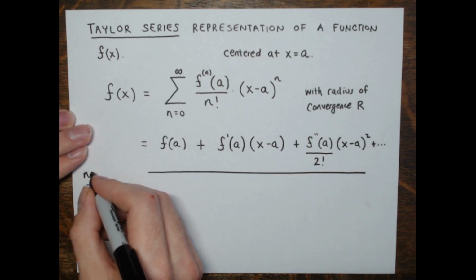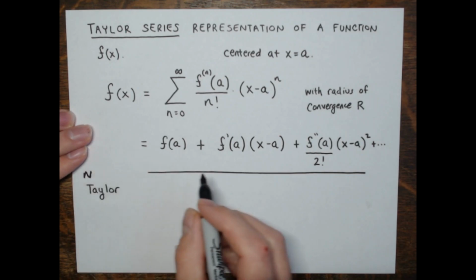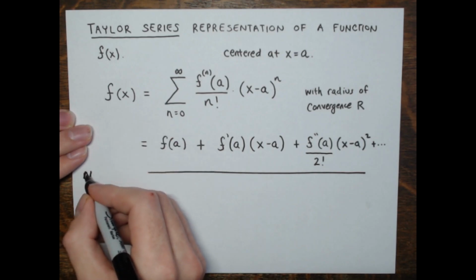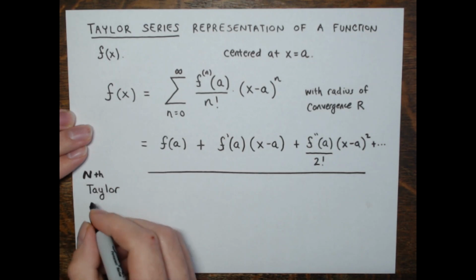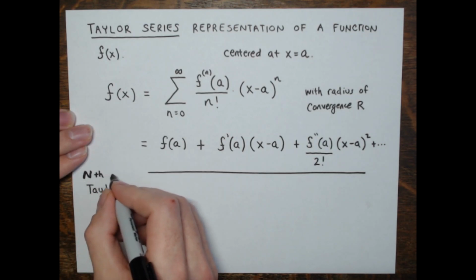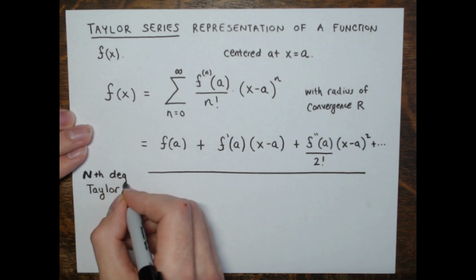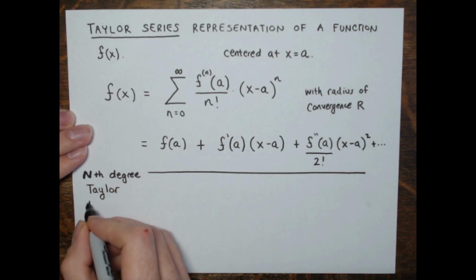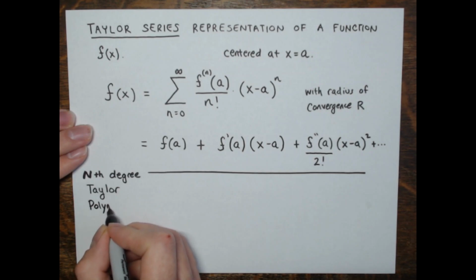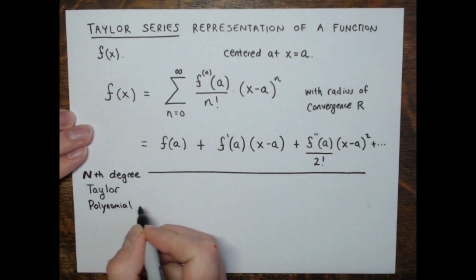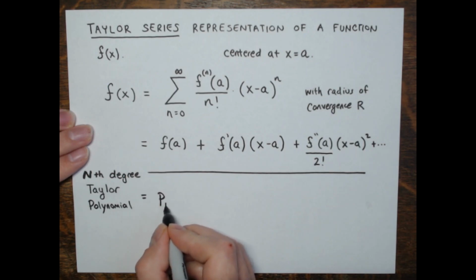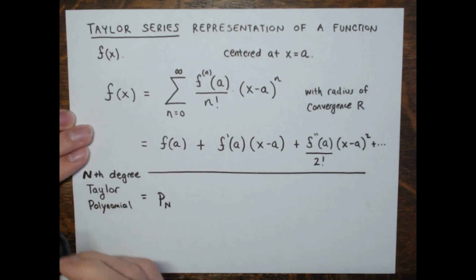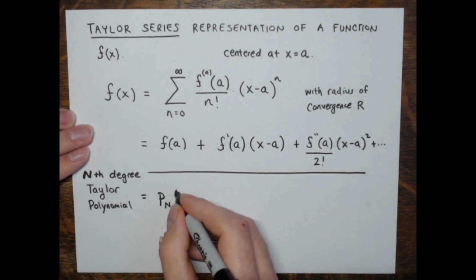They'll talk about, I'm going to use capital N because I'm already using lower n here, if they want the nth Taylor polynomial, another way I could say this is the nth degree Taylor polynomial. This is going to be abbreviated P sub capital N. Now again, I'm using capital N. I think they use little n in the book.